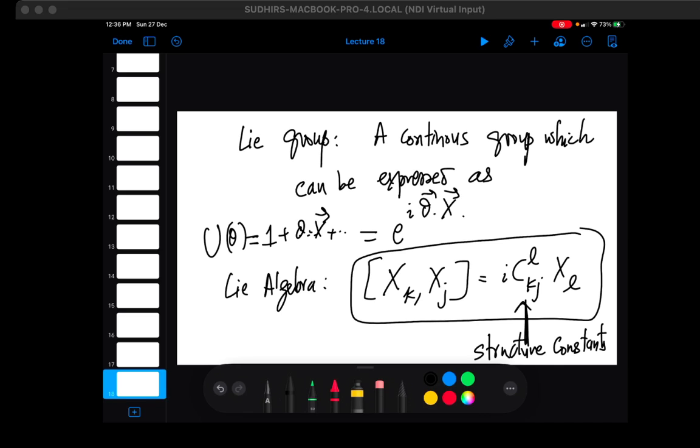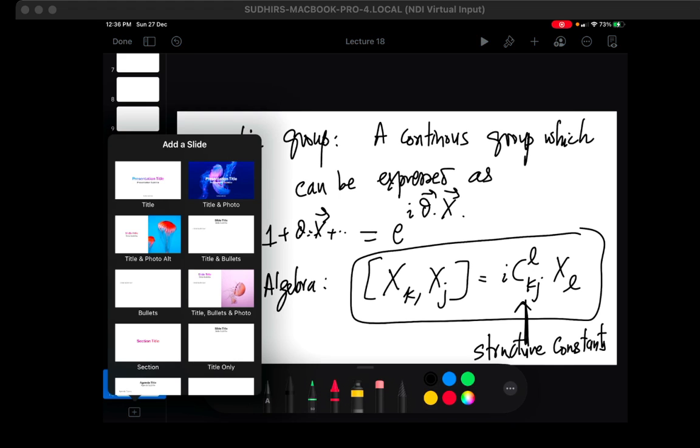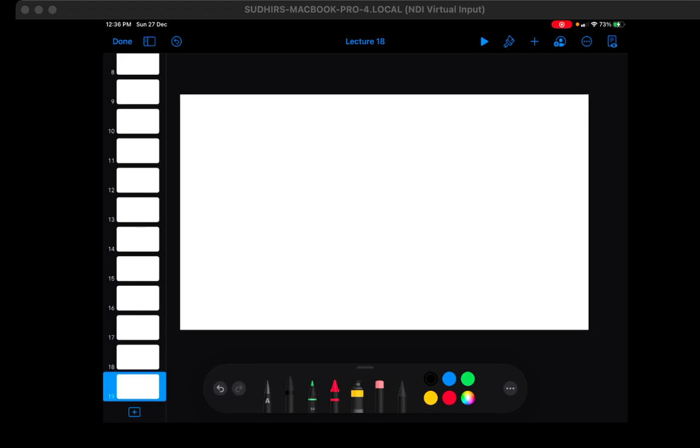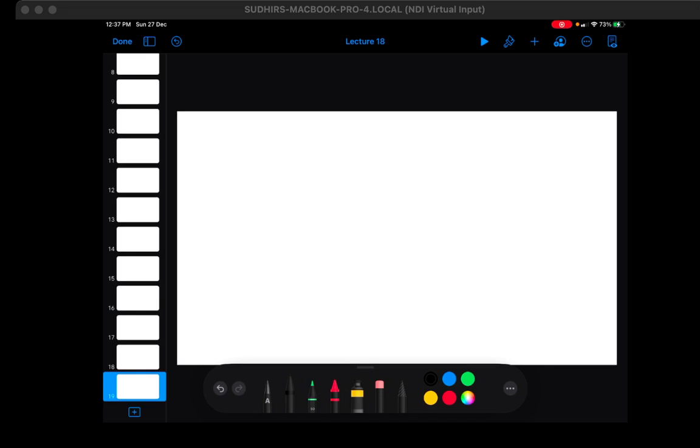Now there is also one more identity which the generators need to satisfy. That is also called the Jacobi identity. It is some sort of a circular identity.